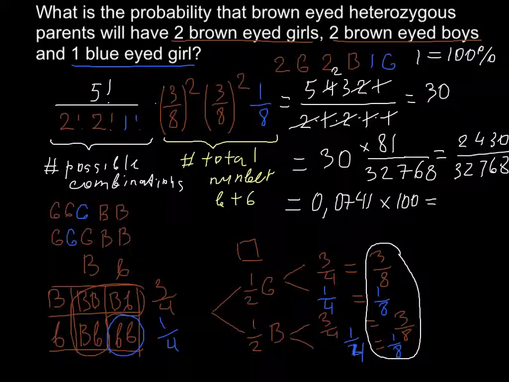So the answer would be 7.41, and this time the answer would be given as a percentage. So here is the answer, and I hope everything was clear, and now you would be able to solve analogous problems.